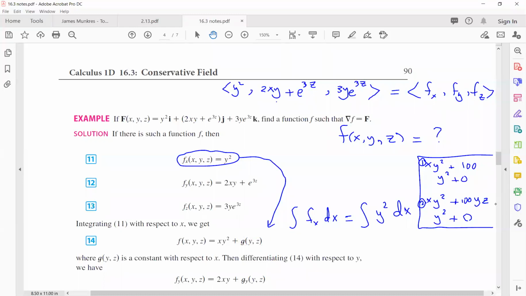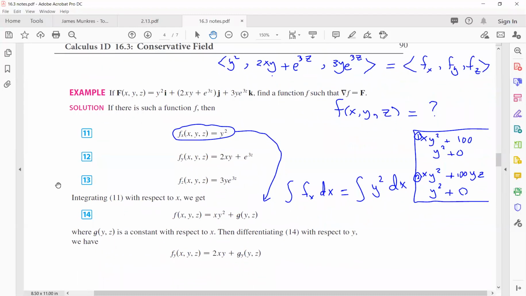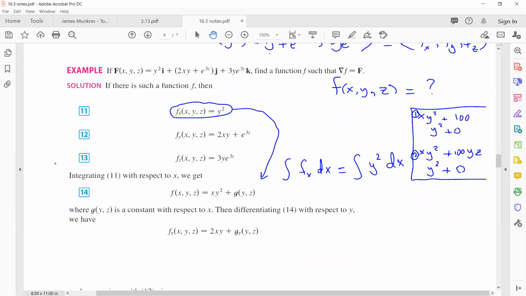Very well. We have our potential function. Some part of it is x y squared. The other part is a function in y and z, and we have to figure out what this function is.